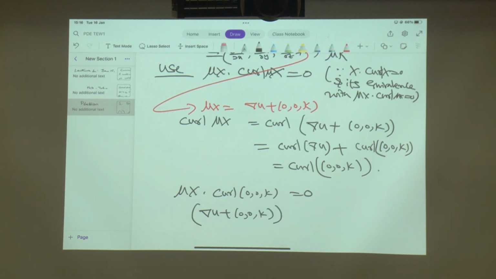That's what we have determined above. Mu x dot curl 0 0 k is what we want to find, and curl 0 0 k is nothing but dou k by dou y, minus dou k by dou x, comma 0.